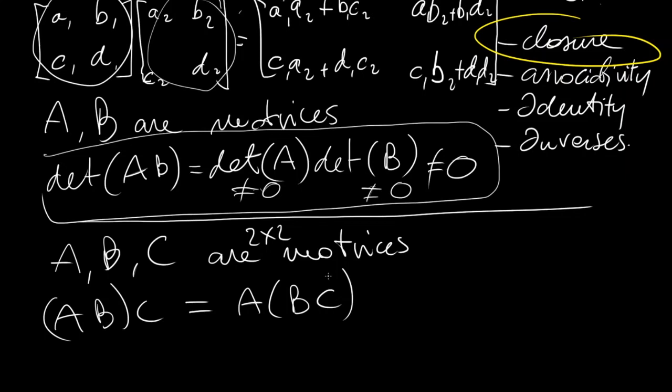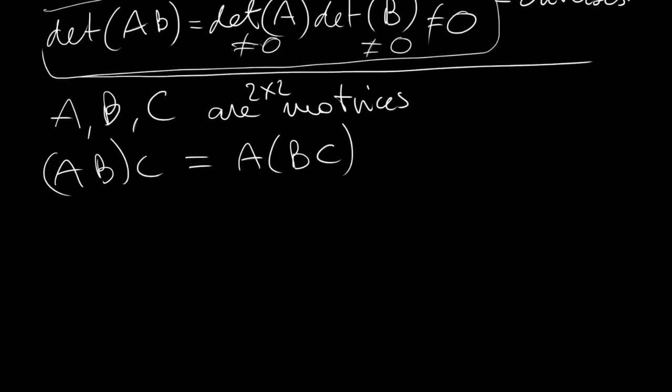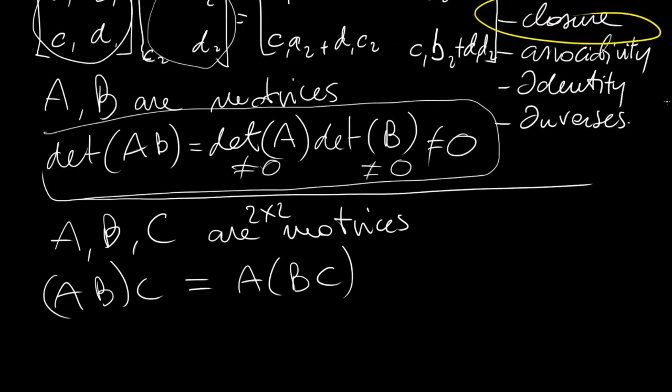To do so, just add another matrix with entries A3, B3, C3, D3, and if you do it straightforwardly, you're going to see that these two things are equal. It's a little long to do, so I'm going to skip it, and I believe you can do it. So associativity is checked. The set is associative under the operation.